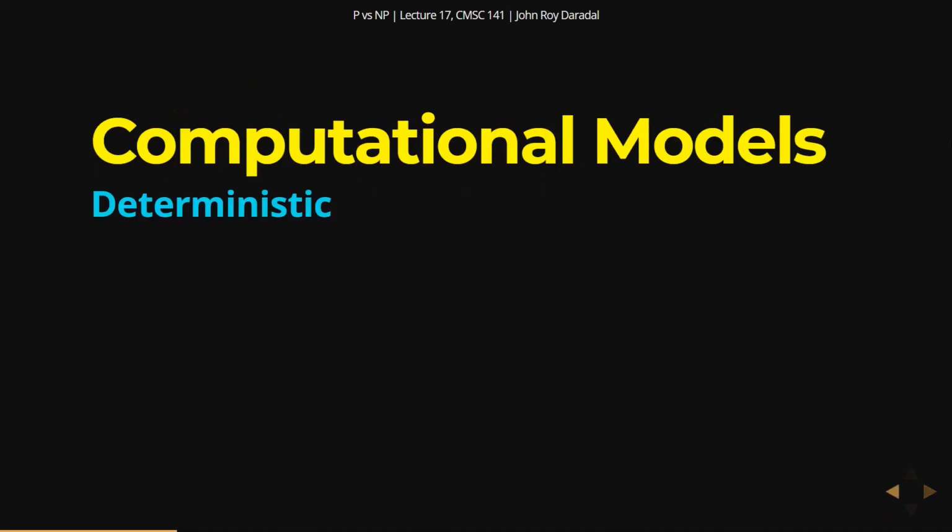Okay, so now let's try to review the computational models that we have seen so far. And really, we have seen two types of computational models, right? The deterministic version and the non-deterministic version. So for deterministic computational models, we saw the deterministic finite automata, the DFA, and then the deterministic Turing machine, right?